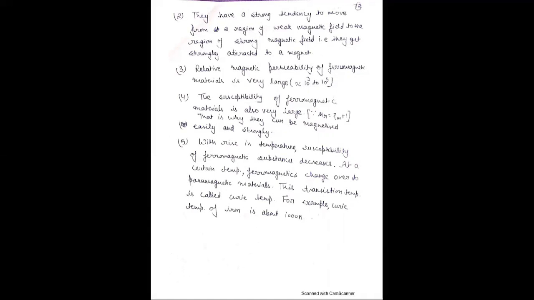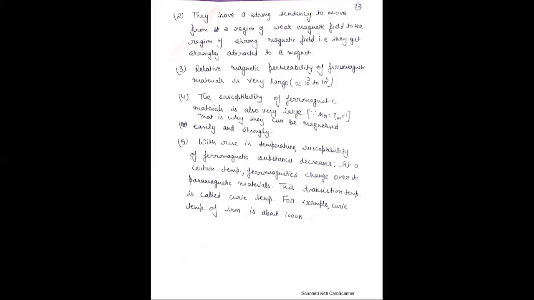Now, the next property: with a rise in temperature, the susceptibility of ferromagnetic substances decreases, because there is an inverse relation, xi m is inversely proportional to temperature. If the temperature increases, susceptibility decreases. At a certain temperature, ferromagnetic changes over to paramagnetic, and this transition from ferro to para occurs at a temperature called the Curie temperature.